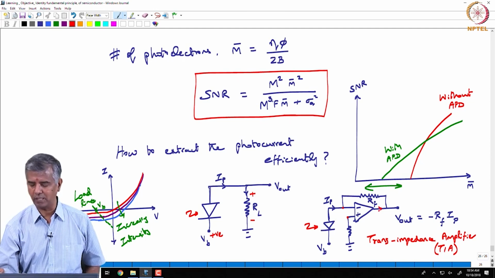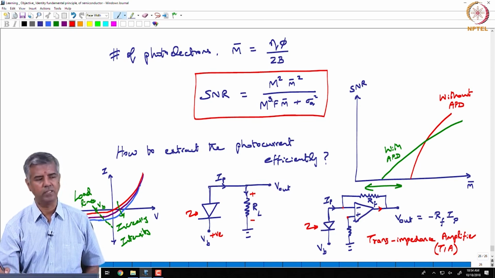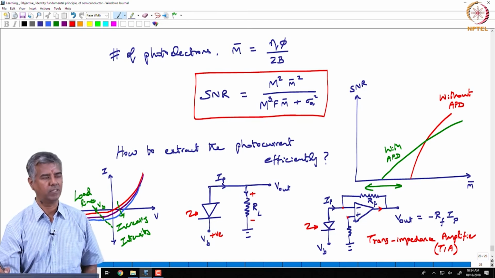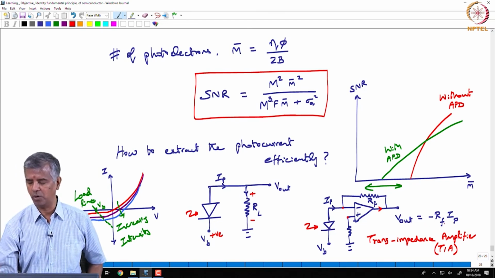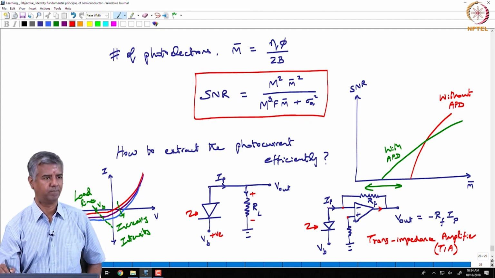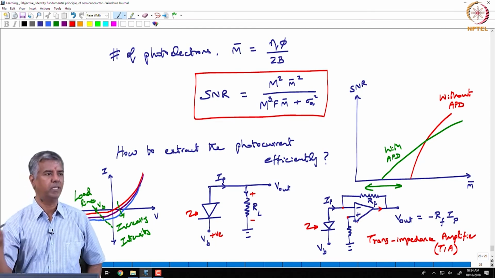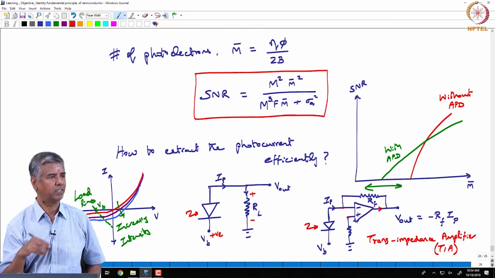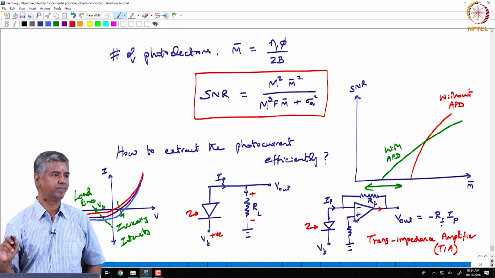It basically sources current at the output, which flows through this, and then it negates that potential that you have over here, right. So, that is how you see this V out as minus RF into IP. So, irrespective of whatever current it generates, as long as this op-amp is able to source a current to negate that, you are going to be fine.